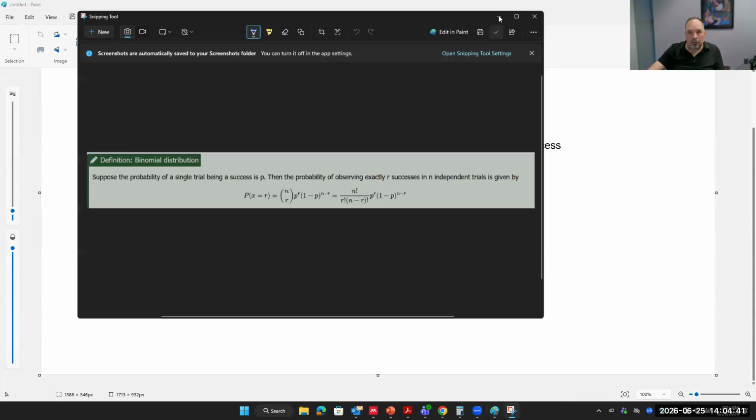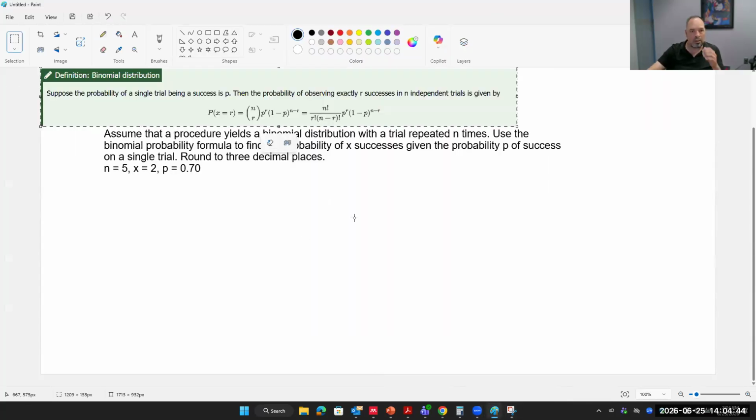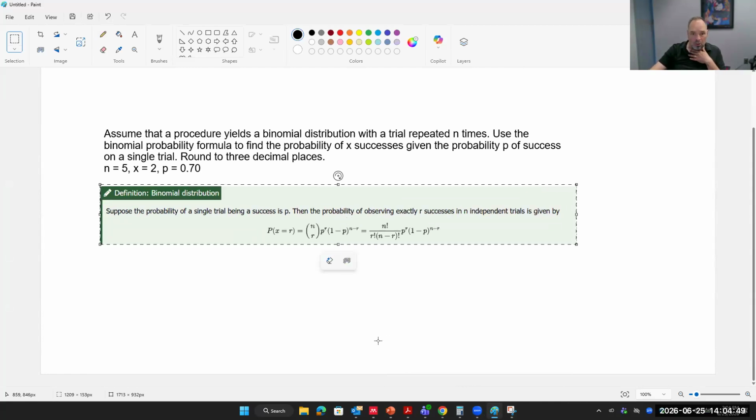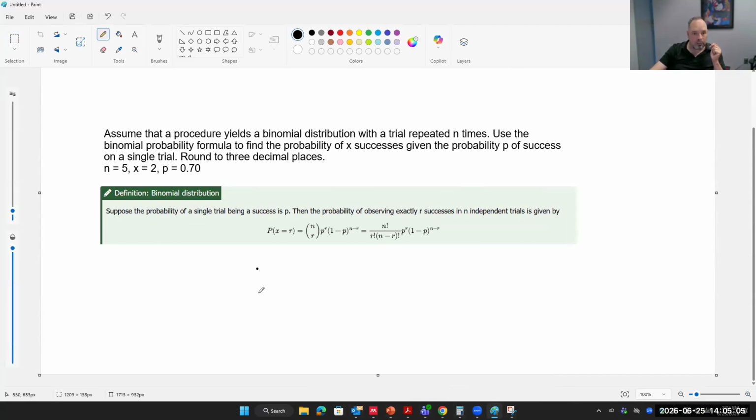I'm trying to grab it here from my tool. There it is. Okay, here we go. All right, so the nice thing is that the calculator is going to do a lot of the work for us. And it's going to be really straightforward because we only need to compute the probability that x is 2.